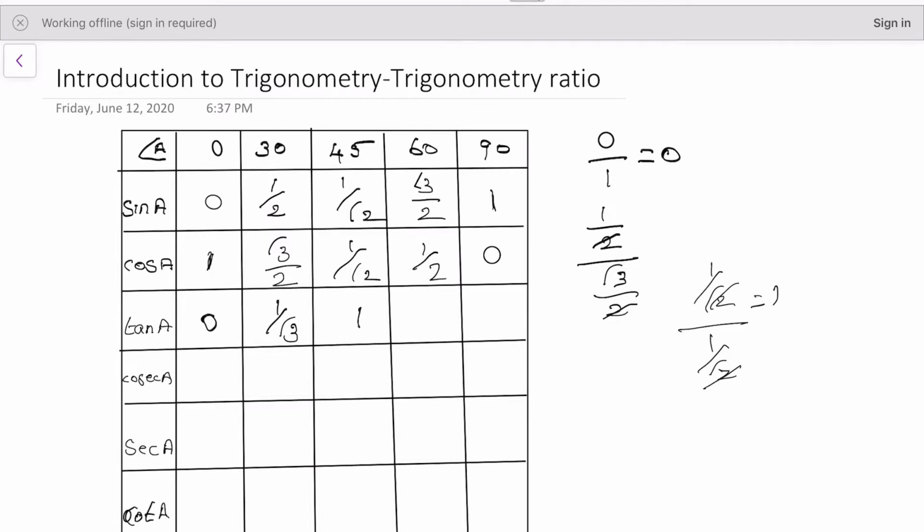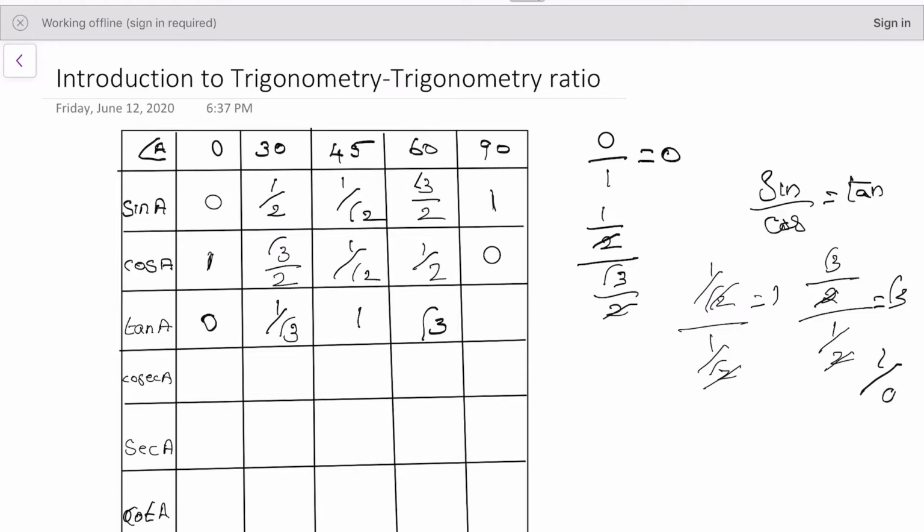I'm just doing sine divided by cos to get the tan. For 60, sine value is root 3 by 2 and cos value is 1 by 2, so it is root 3. For 90, sine value is 1 and cos value is 0. 1 by 0 is undefined, so I'll write it as not defined.